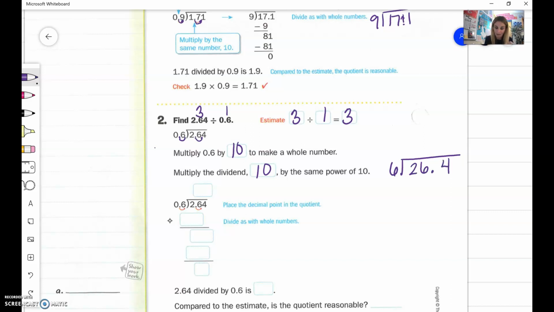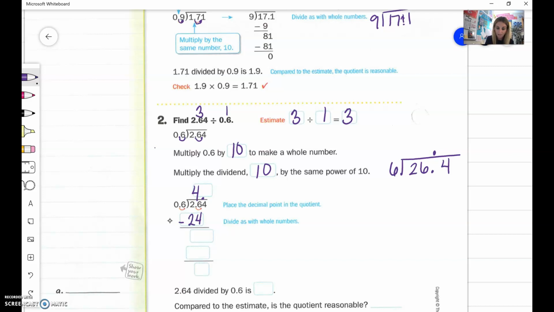Now I'm ready to begin. I'm going to take this decimal point and move it directly up above, because now I have my whole number. I'm going to do it in both places. Now I'm going to take 26 and divide it by 6. I know that goes in 4 times. 4 times 6 is 24.